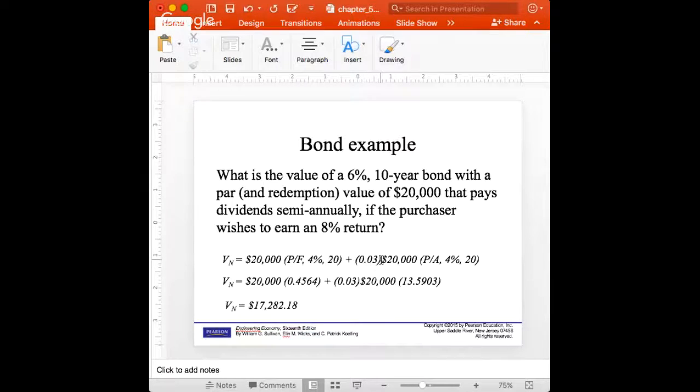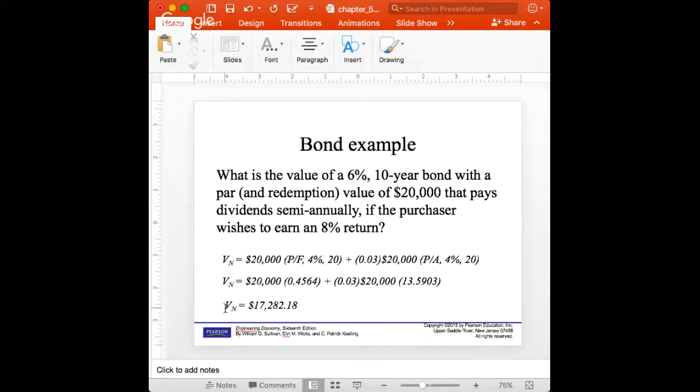The first number here, 0.03, 3%, that's 1/2 of the bond rate of 6%, 3% times the face value of the bond, $20,000, times P given A, 4%, again, half of the desired annual yield, for 20 dividend paying periods. And we can figure all this out. We didn't do the Excel functions. We'll do that in the next 2 videos.